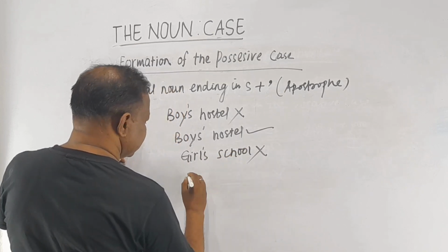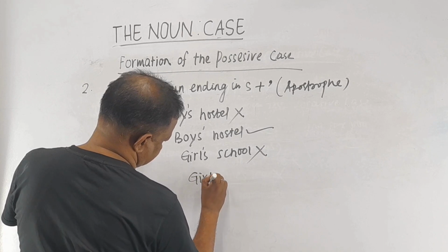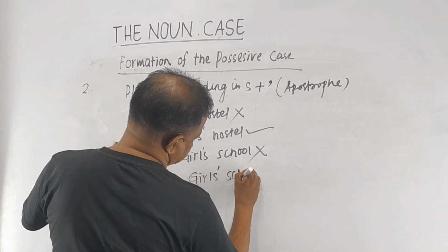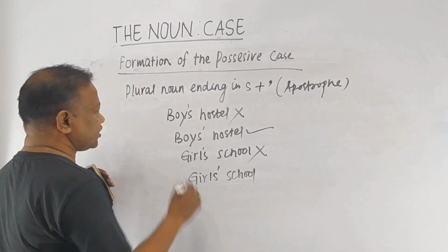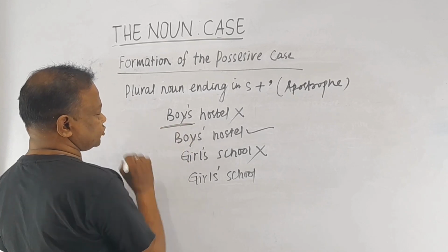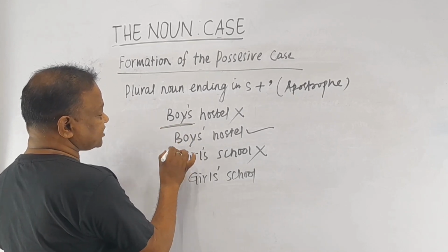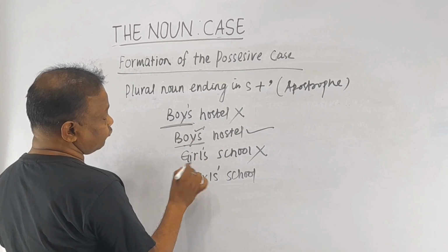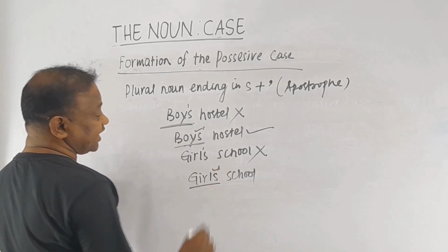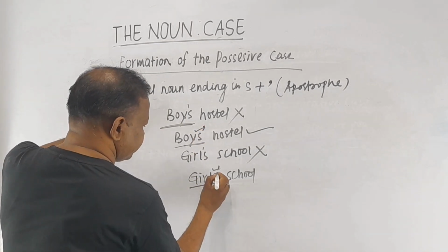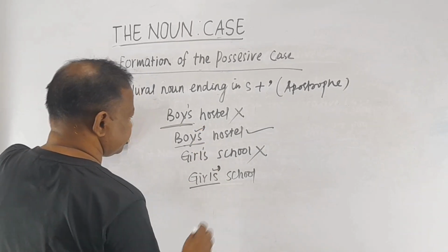This is wrong. You need to write girls' school. Fine. Because the noun boys, this one ends in s. The word girls, this one ends in s. Simply you need to add this apostrophe. Okay.